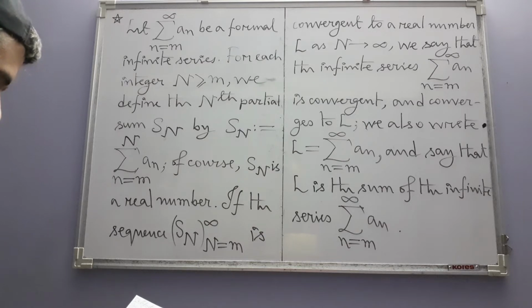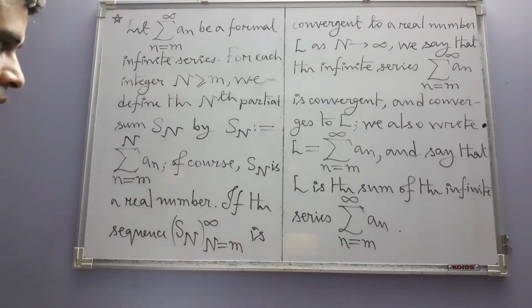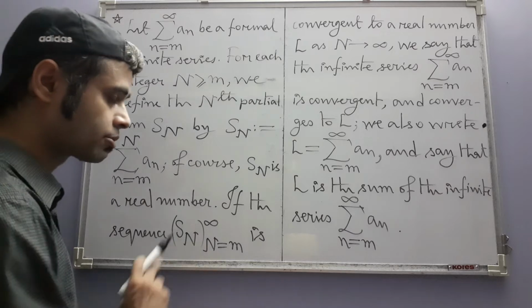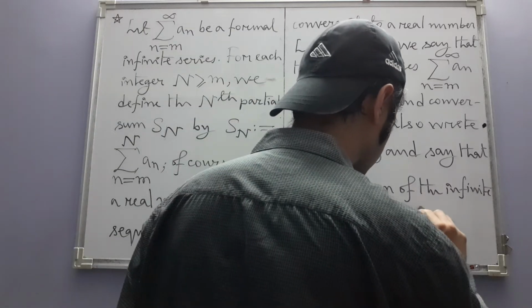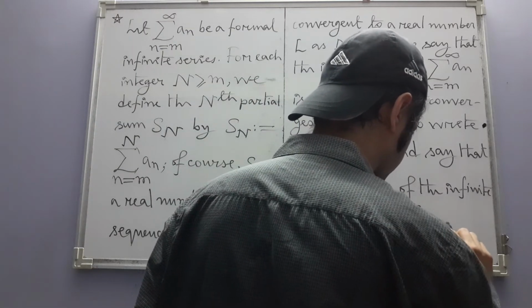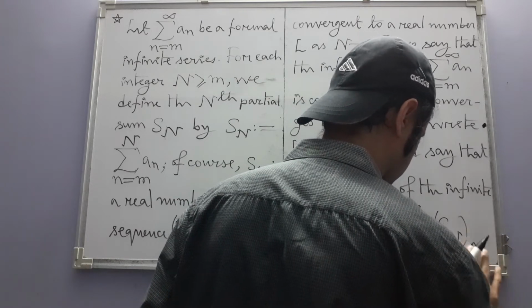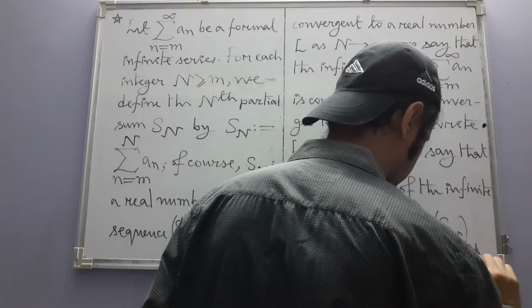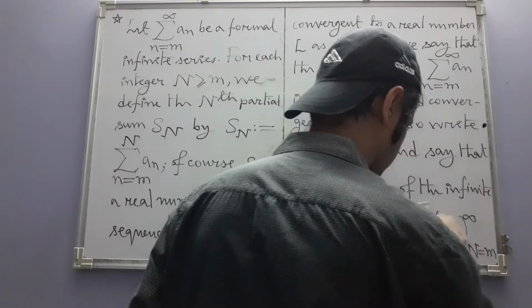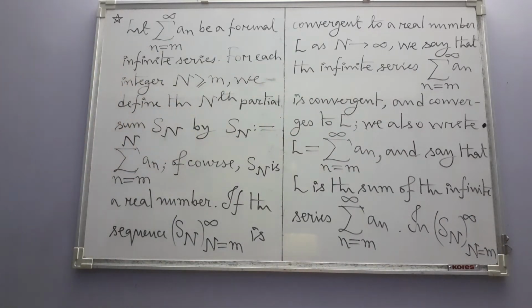Okay. And what happens if the sequence of partial sums does not converge?